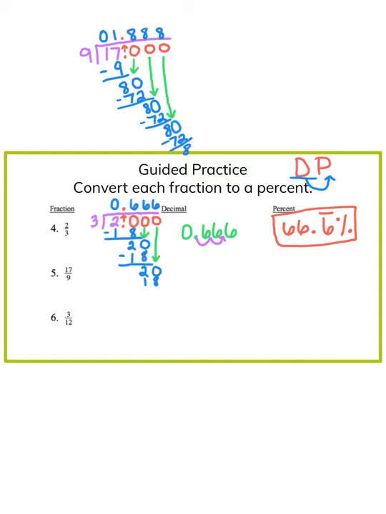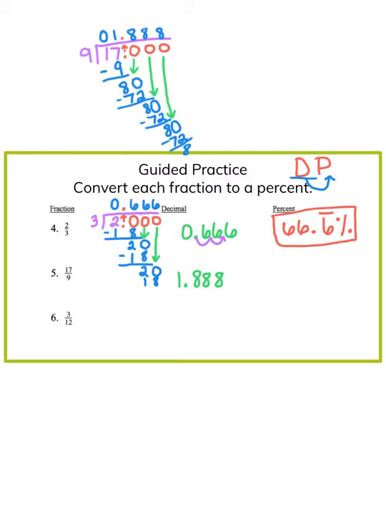If I kept on dividing, I would continue to get a remainder of 8 forever. So my decimal for 17 ninths is 1 and 8 repeating. But I'm going to add in those 3 8s off to the right of the decimal, because now I need to convert this decimal to a percent.